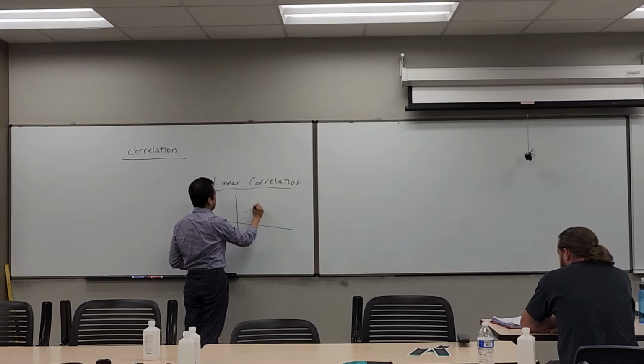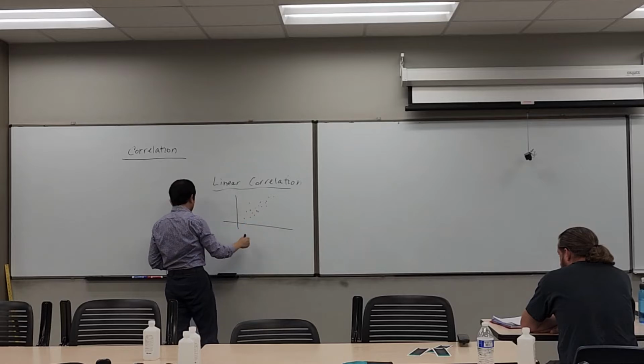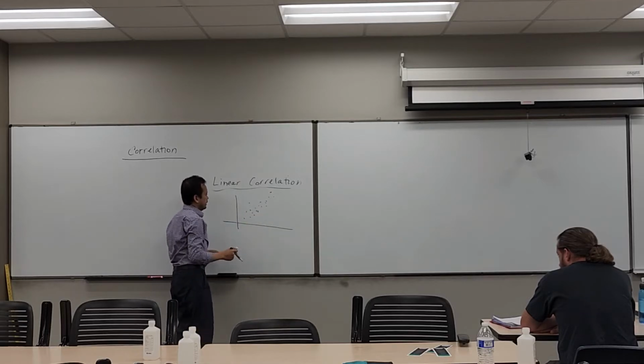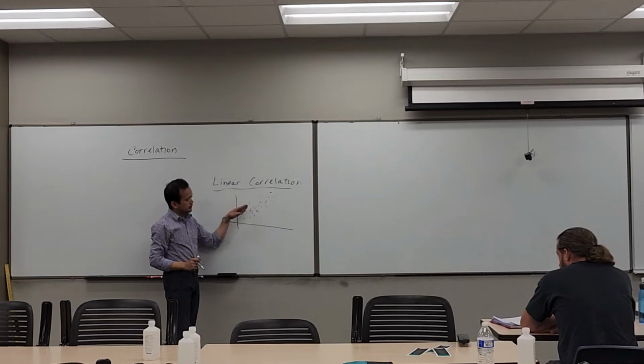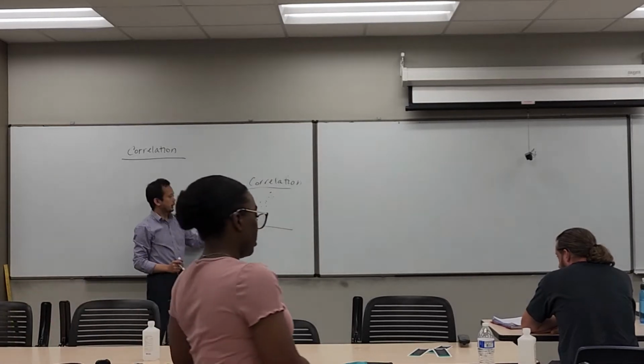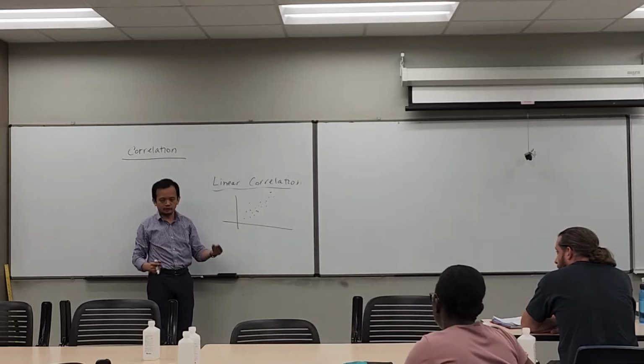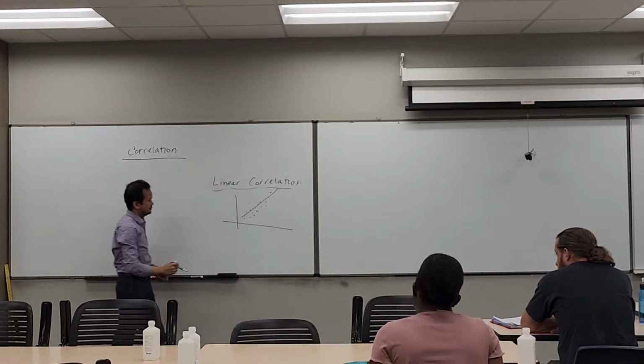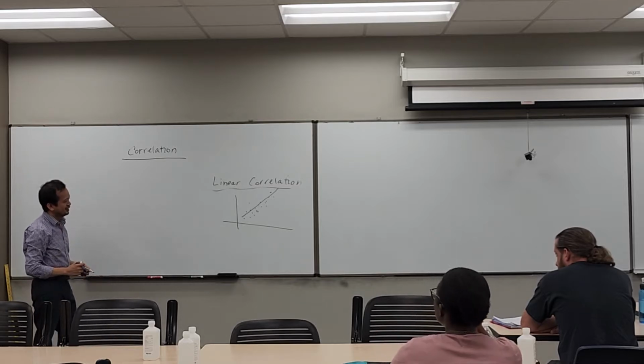For example, if this was our data points, you can imagine the best possible straight line. It goes through as many data points as possible, and for the ones it doesn't go through, they have the smallest distance from that straight line. So the best possible straight line might be something like that. Pretend that's a straight line.